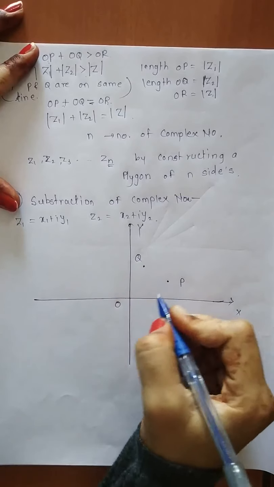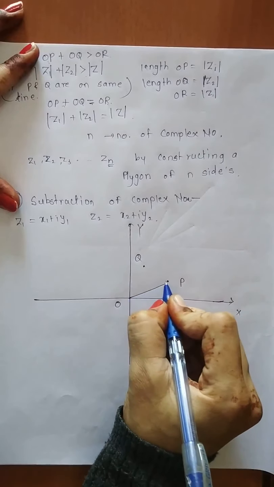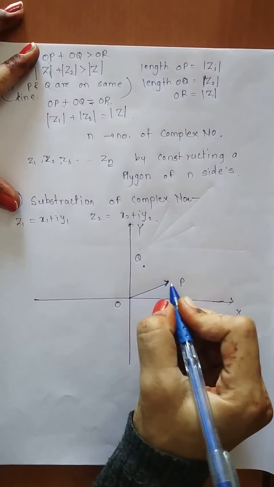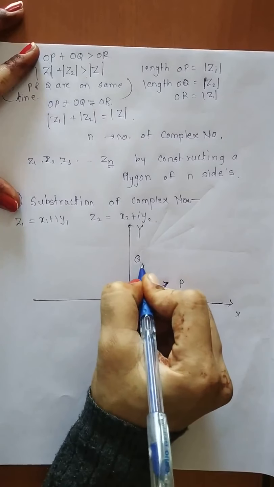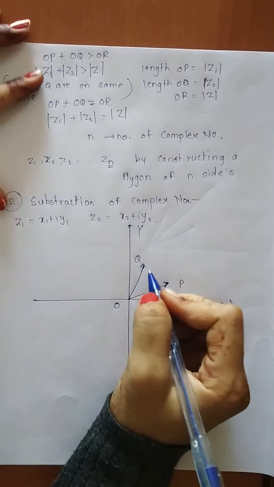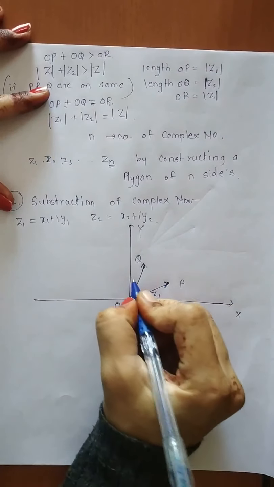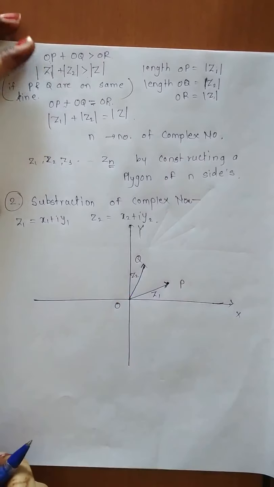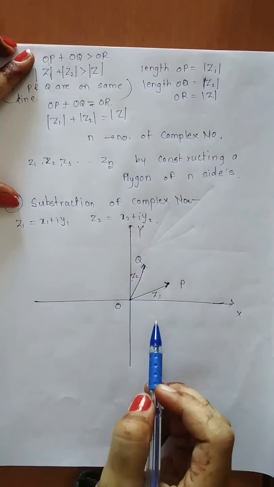By joining O and P, I will get the position vector for point P, and by joining O and Q, I will get the position vector for point Q. This OP will represent Z1 and OQ will represent Z2. So this is the Argand diagram representing Z1 and Z2.